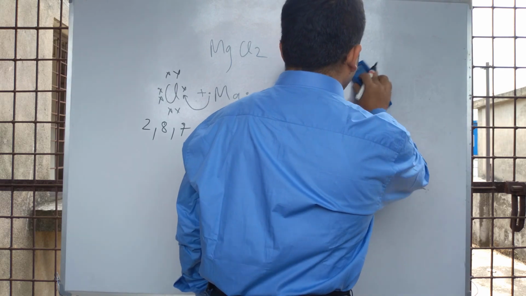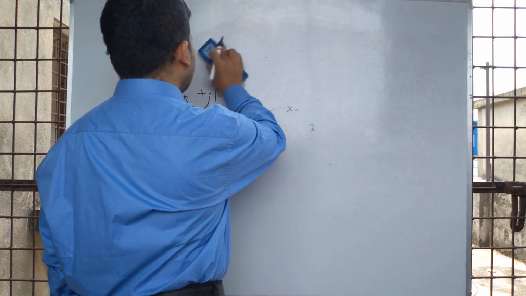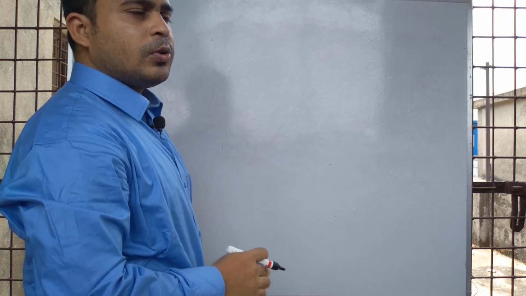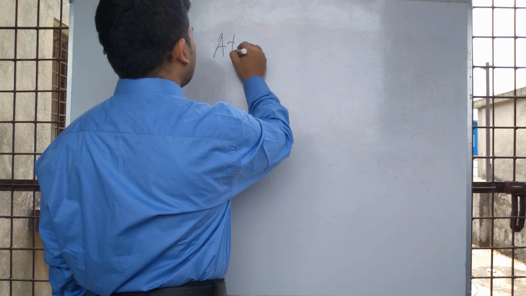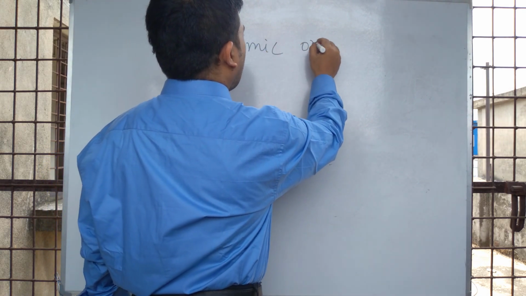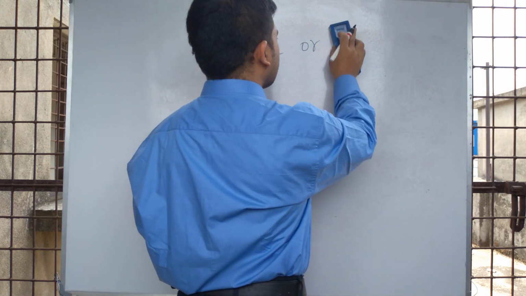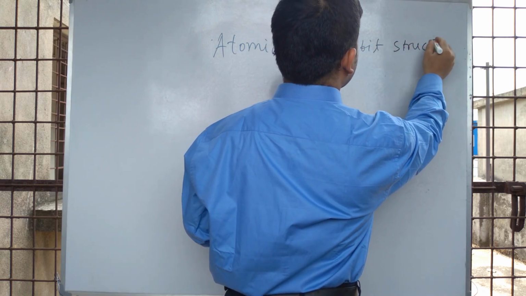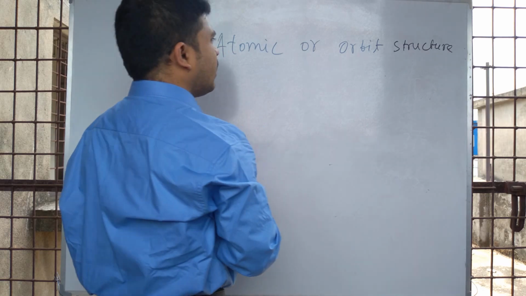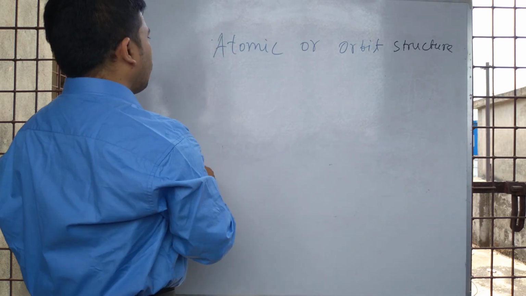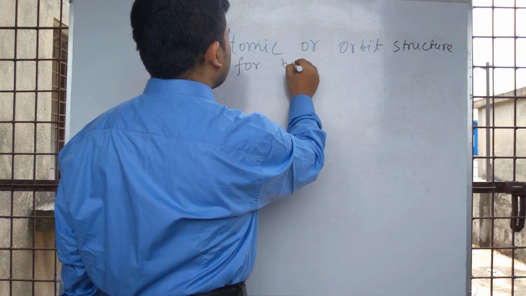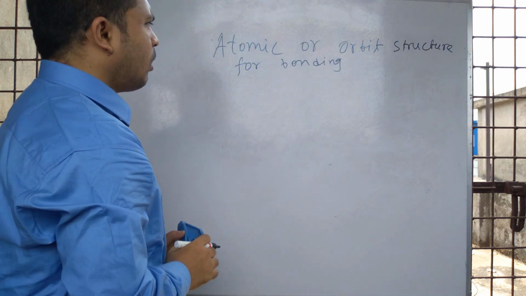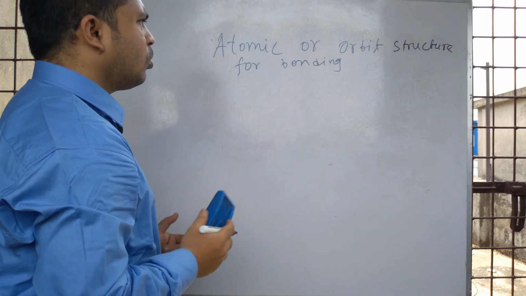Now, this is the Lewis dot structure for ionic compound formation. Now if we talk about the atomic or orbit structure for the bonding, then what do you show?